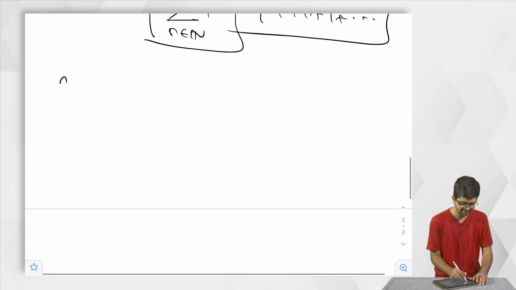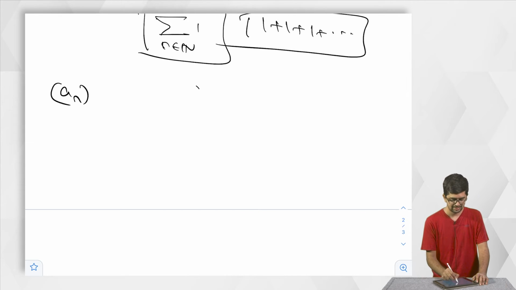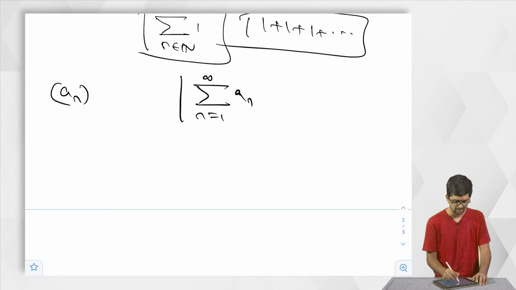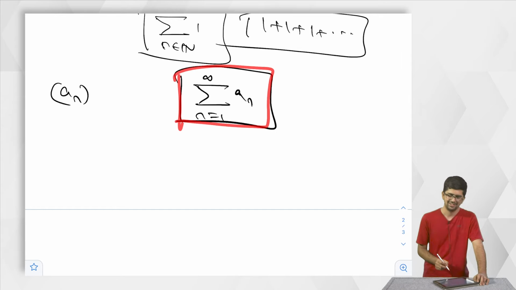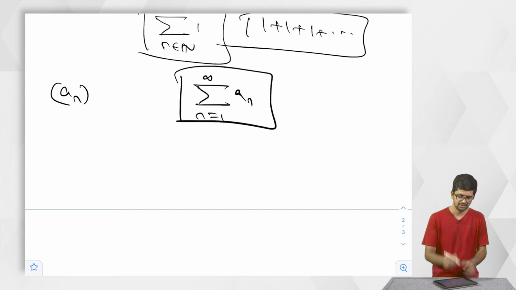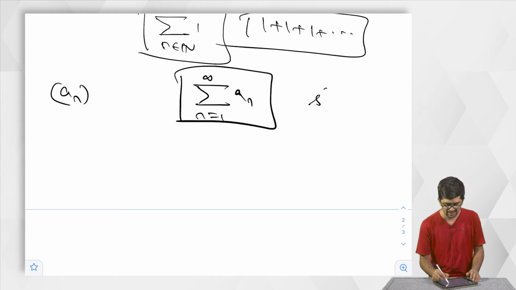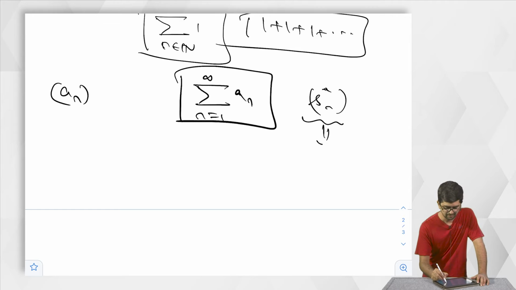So let us take a sequence a_n and assume that this series converges. What does it mean? It means that the corresponding sequence of partial sums, S_A, maybe I will write n here to denote the nth element, is convergent.